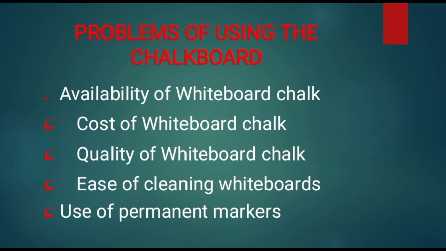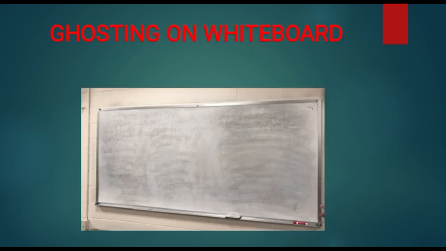Ease of cleaning the whiteboard is another problem. We use the board, yes, it's reusable, but as you use, sometimes you notice it's leaving black stains or red stains or green stains or whatever stains that you've been using. So to clean it, you have to use chemicals, like bleach, to make the whiteboard very clean.